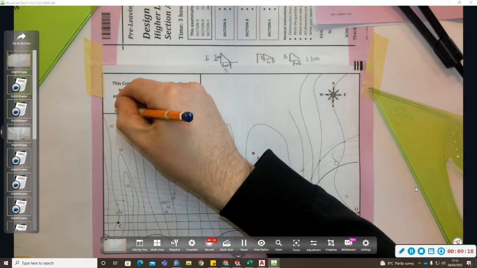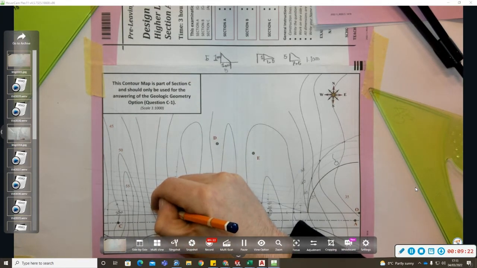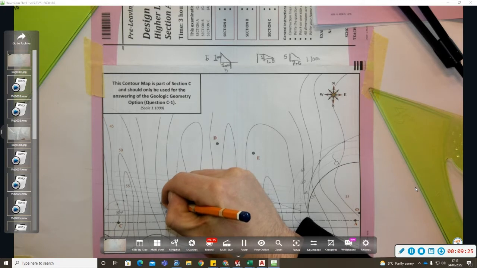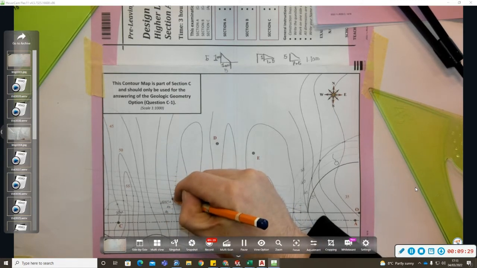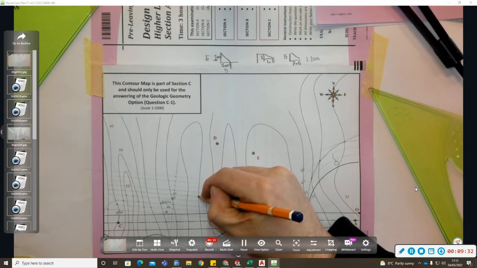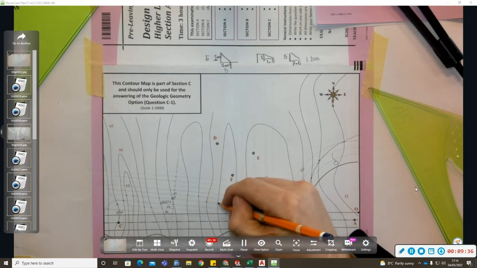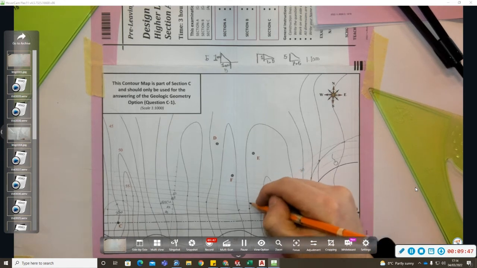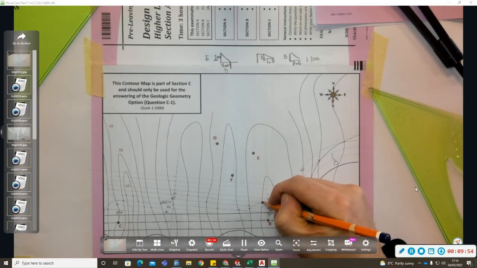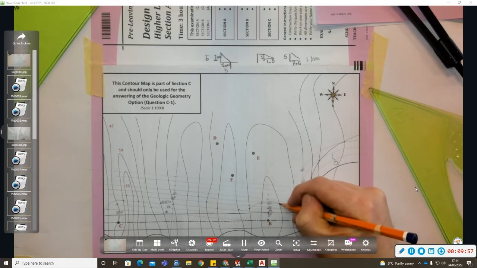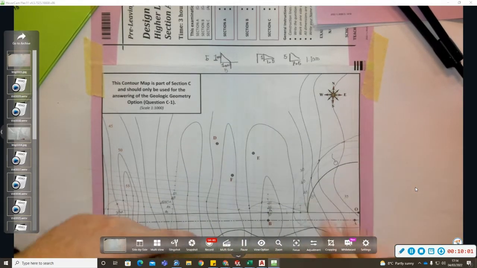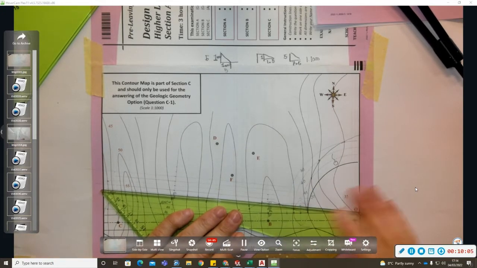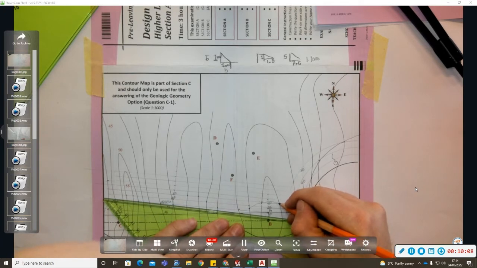This anticipates that it runs around the contour. Then another 45 here, 50, 55, 60, 60, now 55, 50, 50, 55, 60, and 60 there.